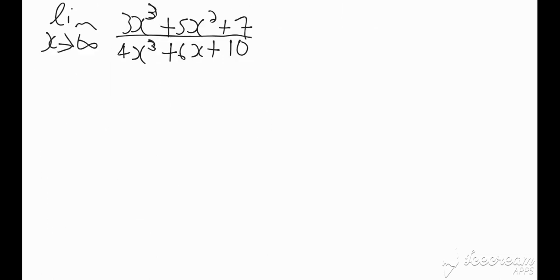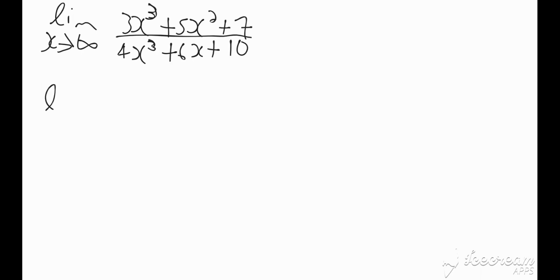Now for a rational function to evaluate the limit to infinity, we divide the entire expression by the highest power of the variable in the denominator. And in this case, the highest power of the variable is x cubed. So we're going to divide every single term by x cubed.